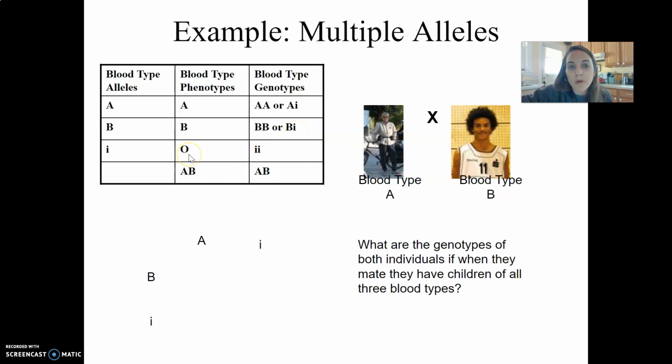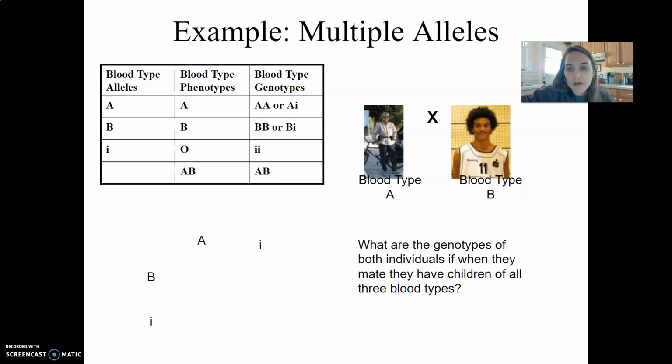If you have type O blood, you are homozygous recessive. And if you have type AB blood, it's kind of like a codominant trait. You have a capital A and a capital B.